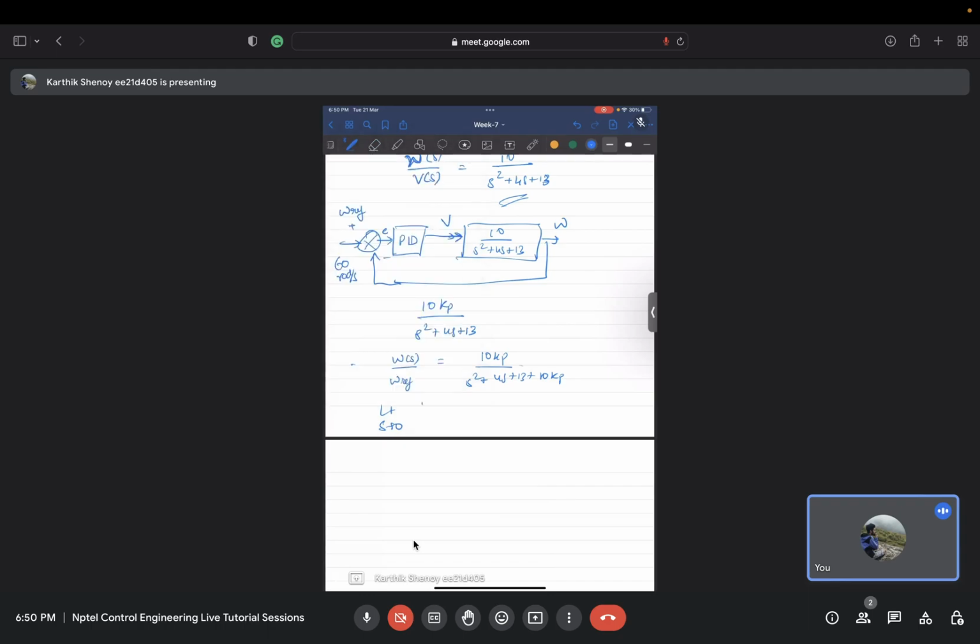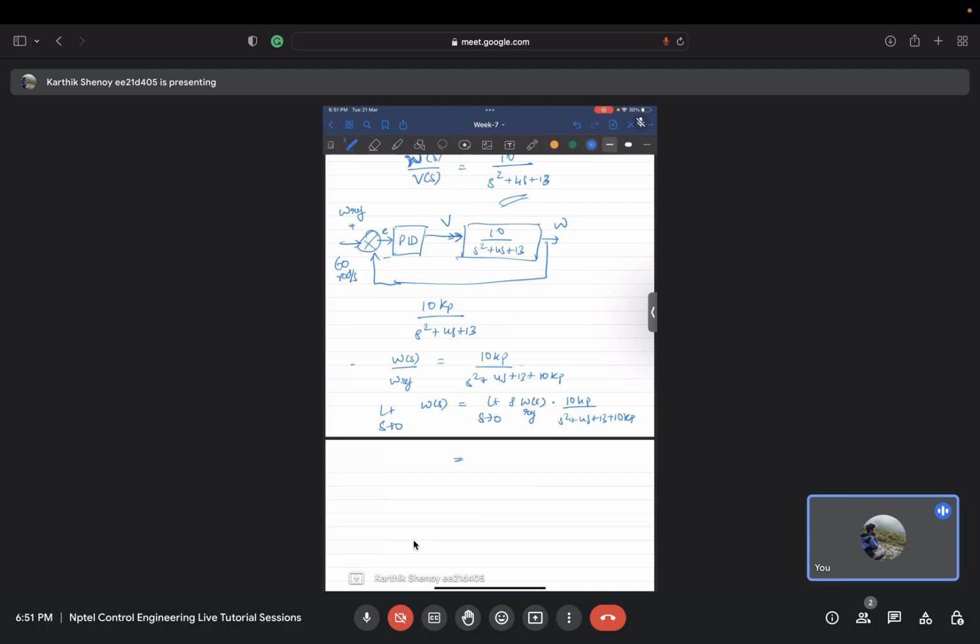So omega final will be equal to limit s tending to 0 of s times omega reference of s times 10 kp by s square plus 4s plus 13 plus 10 kp.